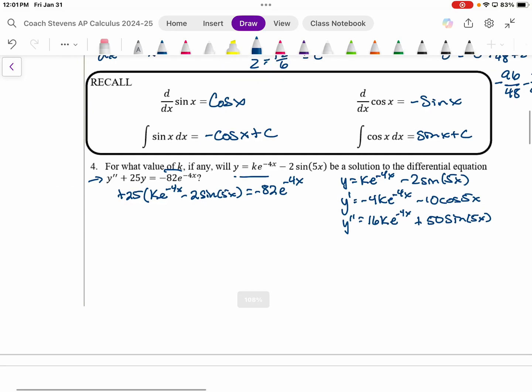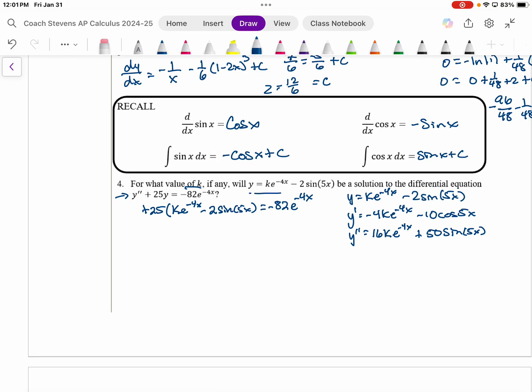Now that is going to get substituted in before our plus sign: 16k e to the negative 4x plus 50 sine 5x. All right, now let's distribute the 25 into the second parenthesis.